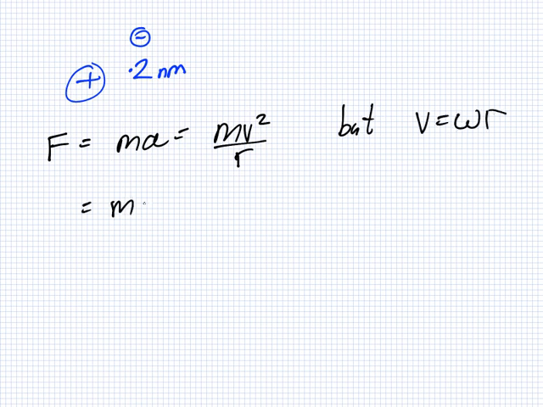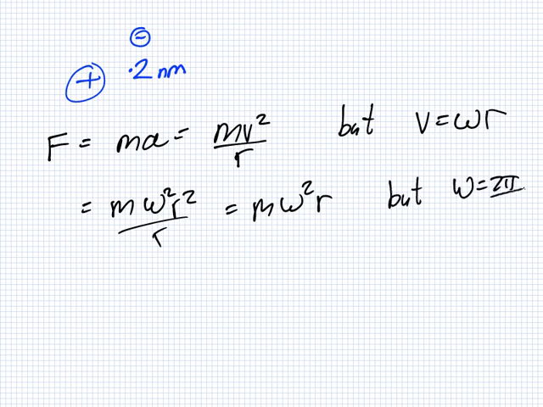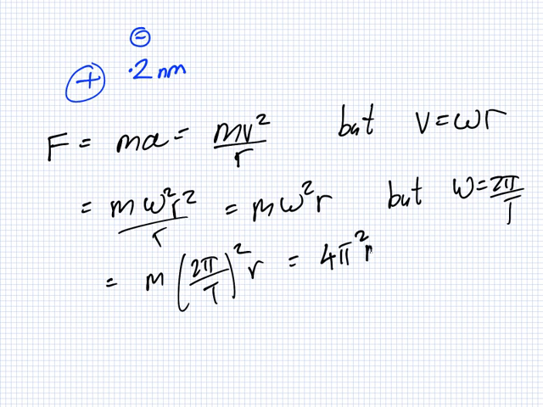So this is m omega squared r squared over r, which is m omega squared r. But some of you knew that already. But omega equals 2 pi over T. So this is m (2 pi over T) squared r, which is 4 pi squared m r over T squared.